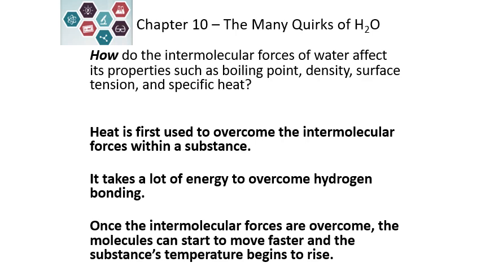It takes more energy to get those molecules vibrating and to leave the surface of the liquid, or to change the temperature of the liquid. Once we overcome those intermolecular forces, the molecules can start moving faster, and we can change it from a liquid into a gas. And the substance's temperature eventually begins to rise.